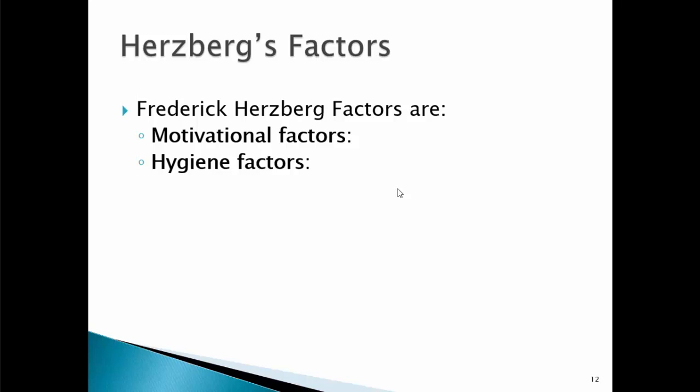While hygiene factors such as larger salaries, more supervision, and a more attractive work environment, these factors cause dissatisfaction if not present, but do not motivate workers to do more.